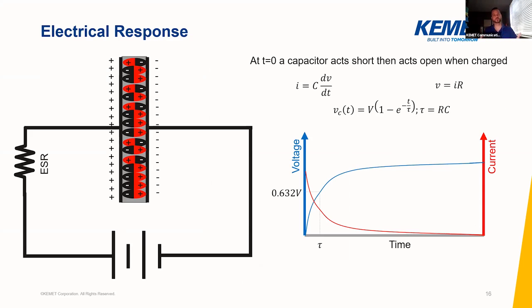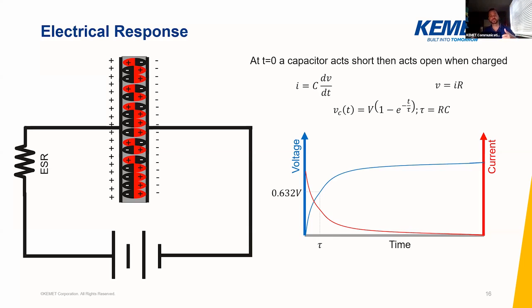So what happens to a capacitor when it's charged? At the instant I apply voltage to a capacitor, it acts short. And then as time goes on, the capacitor acts open. You can actually describe that using a couple of mathematical equations: the current is equal to capacitance times dV/dt, so the change in voltage over time.